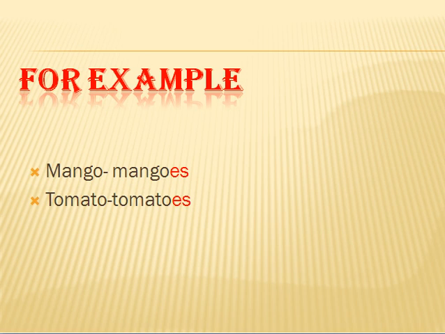In tomato, we have to add es to make it plural. Like potato. In potato, the last letter is o. So in that case also we have to add es to make it plural. Like hero. If we talk about a hero, that means one hero, the quantity of one. But if we talk about so many heroes, then we have to put es after o to make it plural. So hero becomes heroes as a plural form.